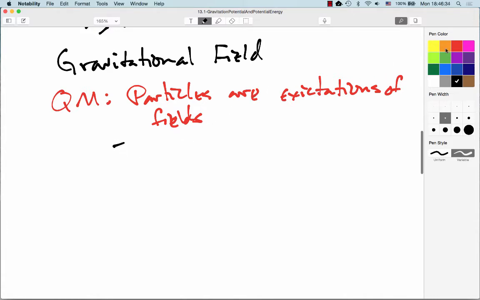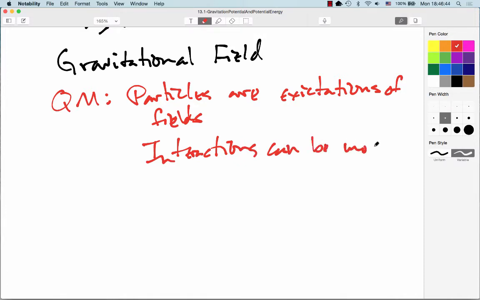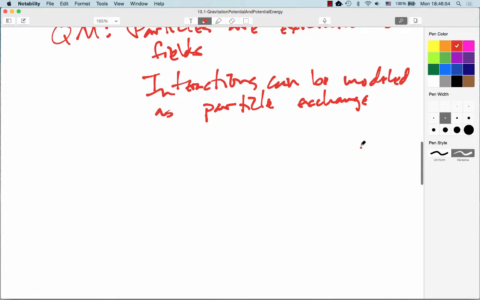Let's keep that red for the moment. So for instance, say it was the electromagnetic field, you might have some electron, like so, interacting with some other electron, and you can see they've changed their momenta.